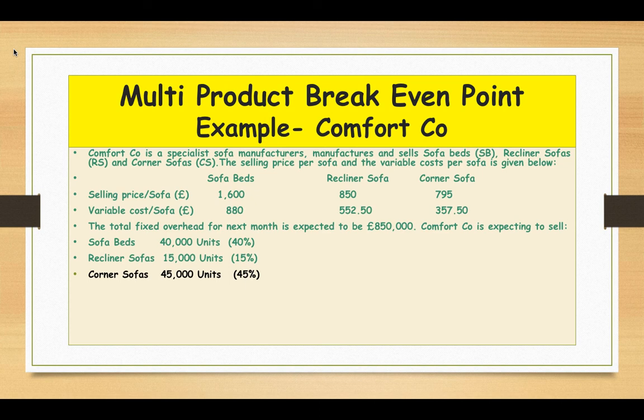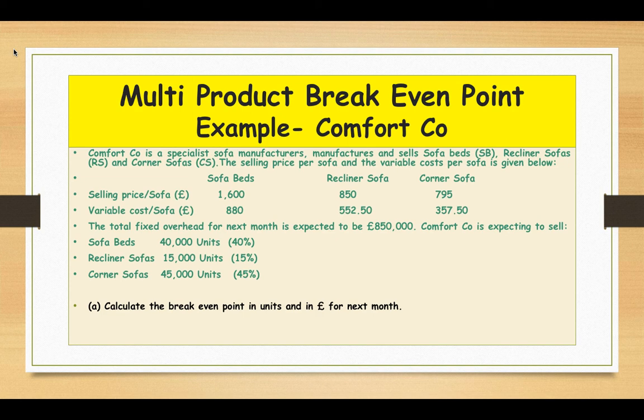I have calculated it in percentage as well. The total number of sofas is 100,000. Out of 100,000, 40% is sofa beds, 15% is recliner sofas, and 45% is corner sofas.